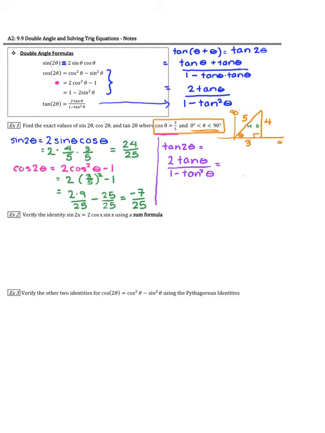We will substitute into that. 2 times tangent, which is opposite over adjacent, so this will be 4/3. And then 1 minus 4/3 squared. Whoops, I almost dropped my iPad there. Now we start to simplify this. On top, this is like 2 over 1, I have 8/3.